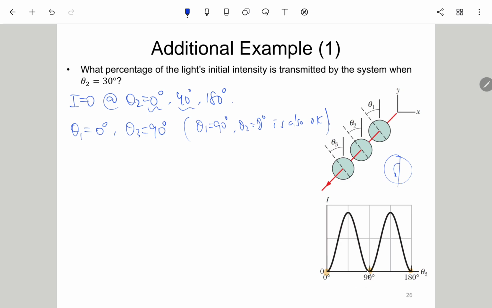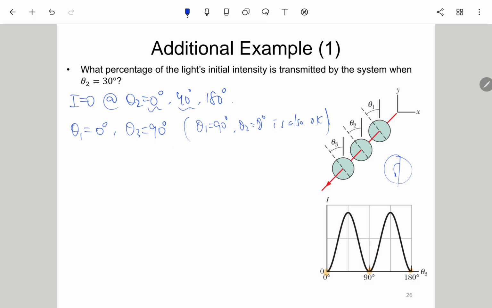And when theta 2 equals 90 degrees, theta 2 and theta 1 have 90 degrees in between, so when the light goes through theta 2, all of it is blocked. So if there are zeros at 0 degrees and 90 degrees, theta 1 and theta 3 should be one at 0 degrees and one at 90 degrees.